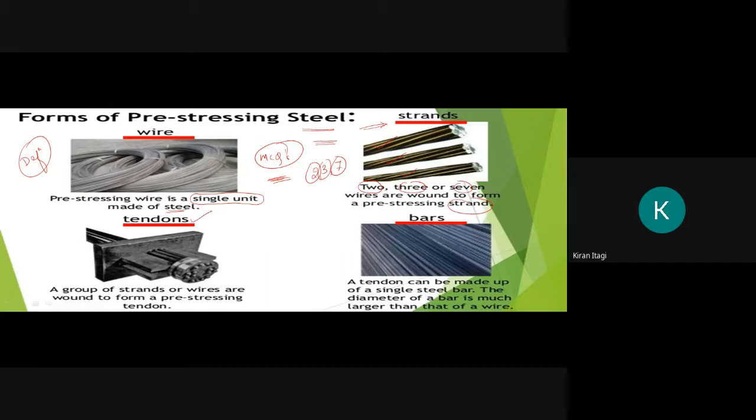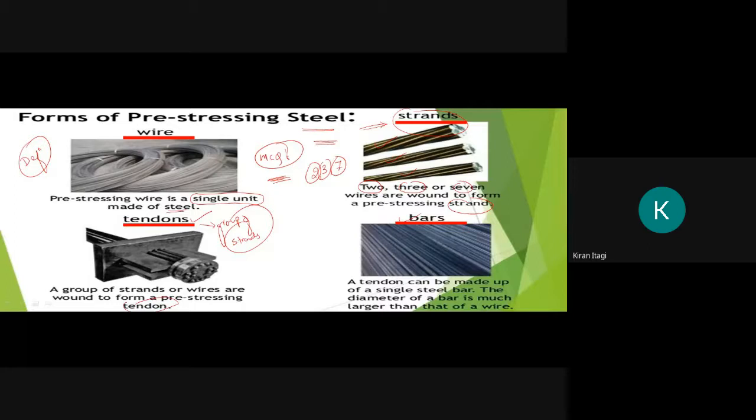Then what do you mean by tendon? Again, it is a group of strands. Remember, a group of strands or wires wound together forms a prestressing tendon. Remember this one. Next, bars.